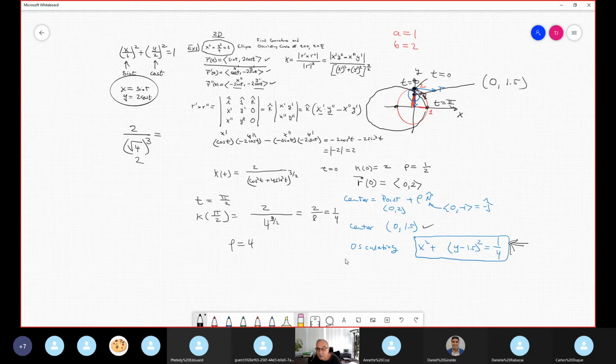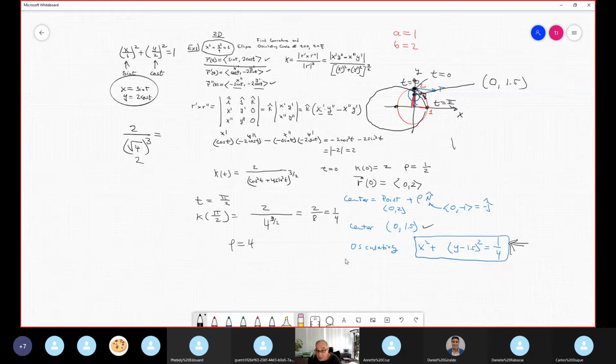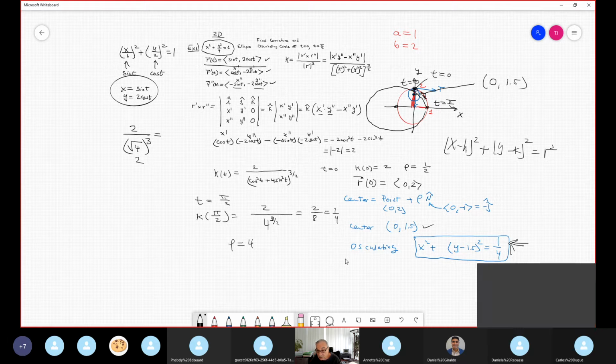It's the center. And the radius is 1/2. So I know the formula: x minus h squared plus y minus k squared equals r squared, no? R is 1/2, 1/2 squared is 1/4. I don't understand what is the problem.